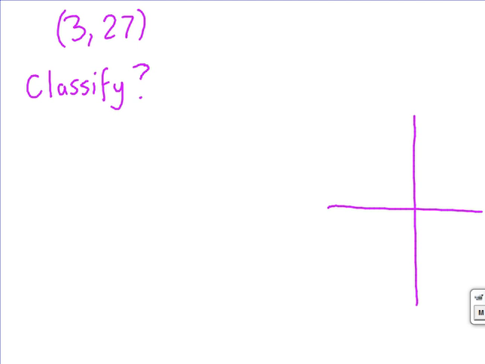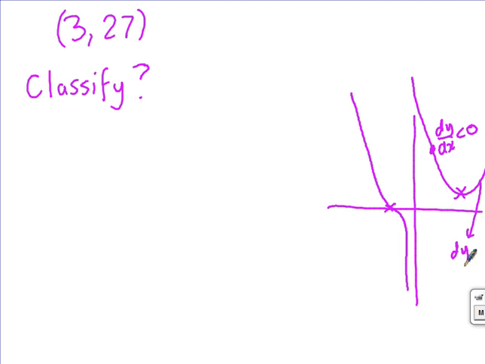What you should find, if I've done my sketch right, is it looks a little bit like this. So from just looking at the graph, this gradient is negative, dy by dx is less than 0, this one is positive. So in that case, because it goes from negative to 0 to positive, it looks like it should be a minimum point.